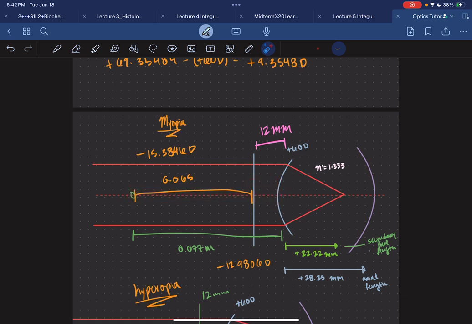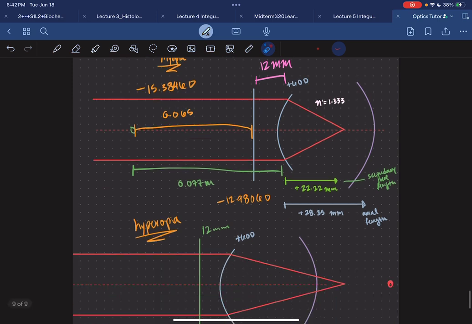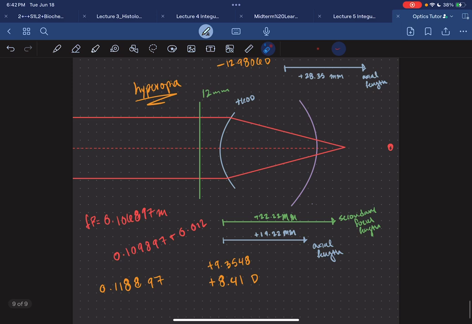This goes back to what we learned really early in the semester. The closer we are to a point source or a focal point, the higher the divergence will be. And for a hyperope, the far point is here, and we're starting at the contact lens surface, the front surface of the eye, and we get further from it. That shows the further we are from a point source or a focal point, the lower the divergence will be. That explains why we see this with hyperopes and myopes.